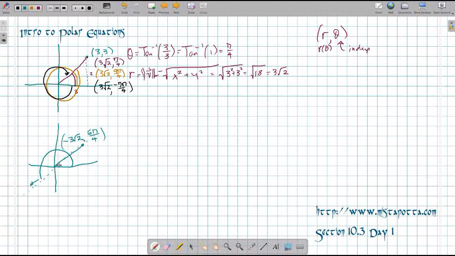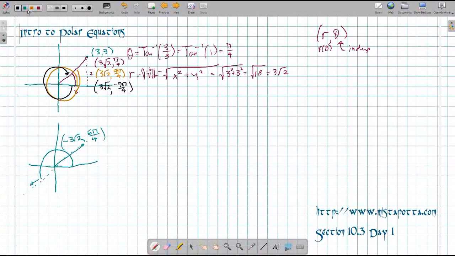So I actually have an infinite number of ways to represent a single point in polar coordinates. So that's something that's really important to know.